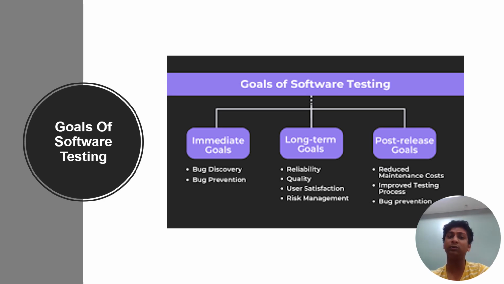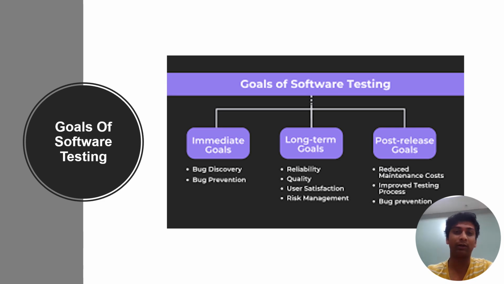Now coming to long-term goals. What are they? Reliability: your software system should be reliable, then only people are going to use it, right? And obviously, quality should be your priority. In software, you need a good quality system, just as when you go to a laptop shop, you choose a high quality laptop, right?